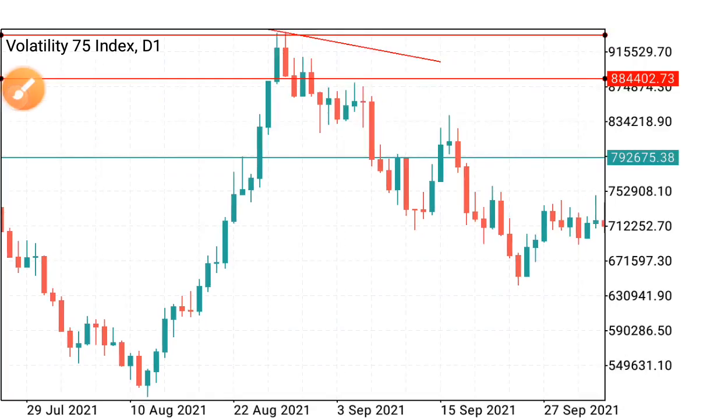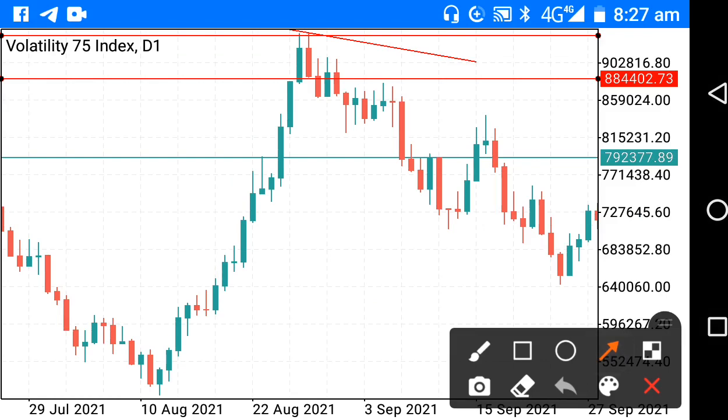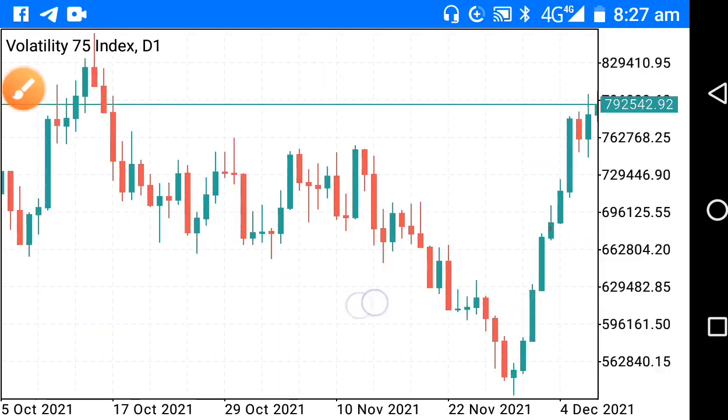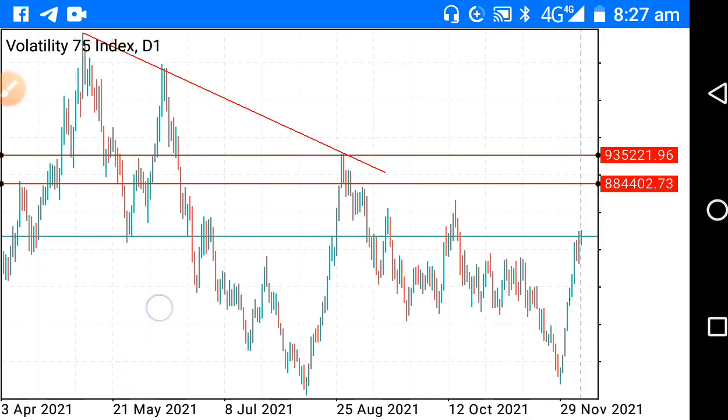So that this is going to be my entry point, this line, and this is going to be my stop loss, 10 pips above the trend line. And when that happens, when I place the sell, let's see how far the market went.